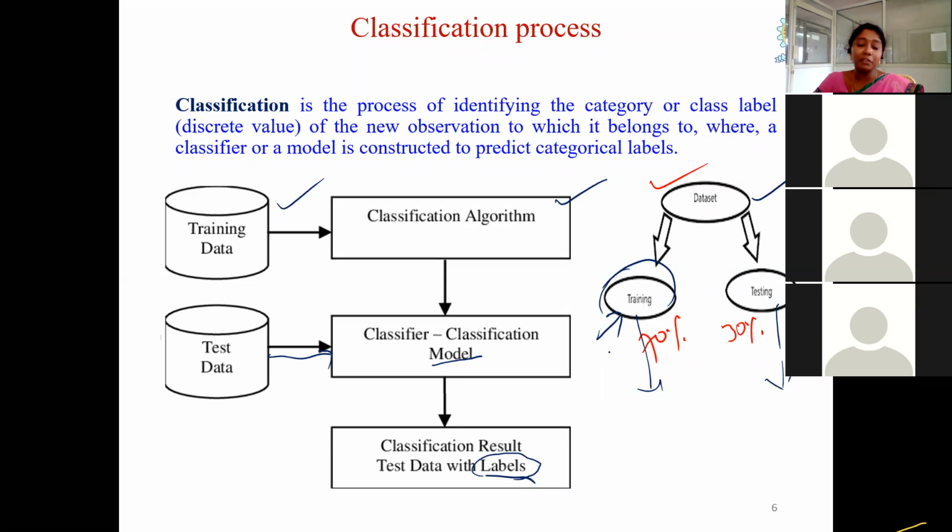When you do the same thing a second time, the same tuples may not be retrieved. Some other 70% of tuples may be retrieved. So based on that, the training may change, the model construction process may change, the constructed model may change, and the efficiency of the classifier may change.